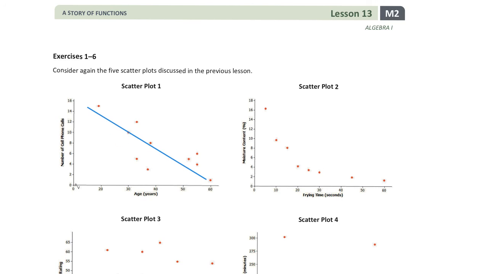But if you look at scatter plot 2 here, what you're going to notice is that this data sort of follows more of a curve type. So if I were to draw a line of best fit here, I might draw something that's more of a curve. Now, in Unit 1, we learned that the name of this particular graph, we haven't spent a lot of time working on it, but you should remember that this is an exponential graph.